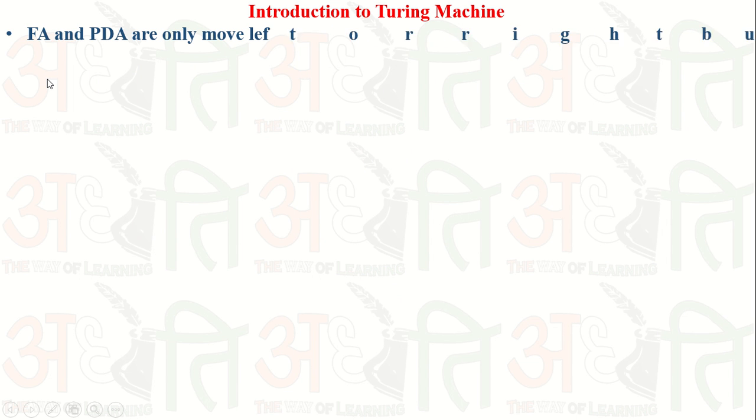So finite automata and push down automata can only move left or right, but Turing machine can move in both directions. It was the drawback, or we can say disadvantage, of push down automata and finite automata that they can move only in one direction, either left or right. But Turing machine can move in both directions, left or right. It is a very powerful thing.